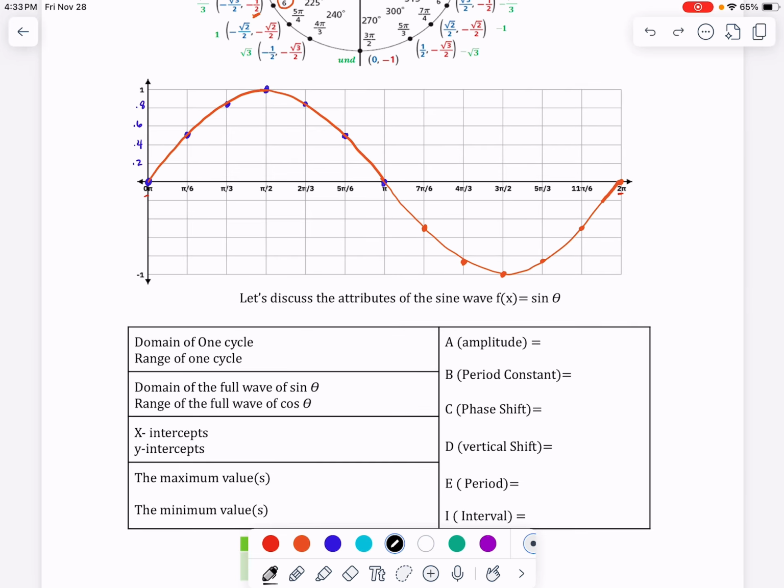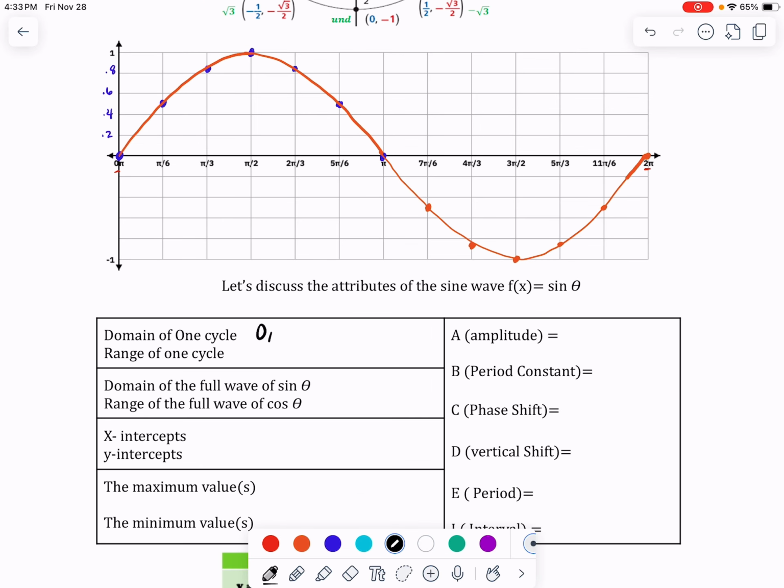If I just look at one cycle, the domain of one cycle would be 0 to 2 pi, because we are here at 0 and go all the way to 2 pi, both of them being inclusive. Range, as you can see, the minimum it hits is -1, the maximum it hits is 1, both inclusive. Domain of the full wave would be all real numbers, because there are no breaks, no holes, no asymptotes.